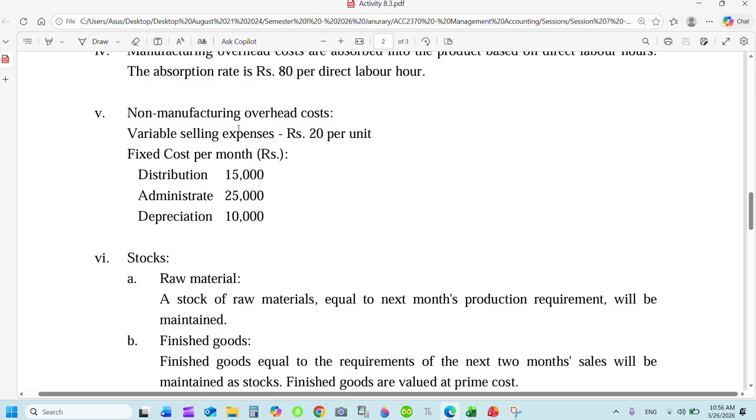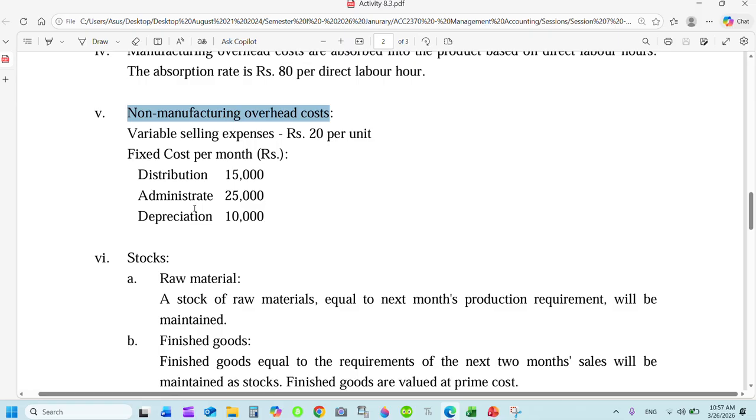And these are the non-manufacturing overhead cost related information. Variable selling expenses 20 rupees per unit. Then fixed cost per month. These are non-manufacturing overhead costs, right? You know, non-manufacturing overhead costs are generally charged to P&L. So you can see selling expenses, variable expenses 20 rupees per unit, and admin, distribution and depreciation expenses are also there, right?